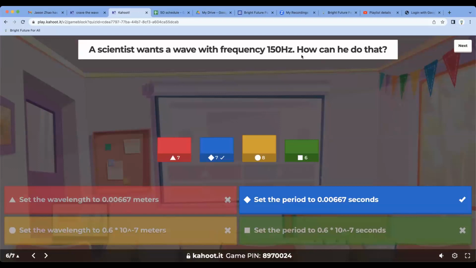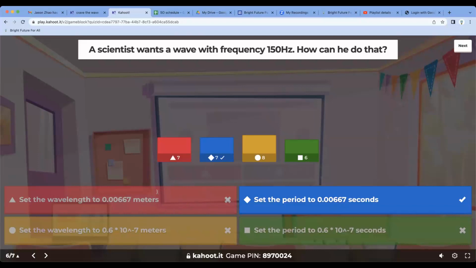Remember in a previous Kahoot question, we talked about the relationship between frequency and period. Frequency is 1 over period, so period therefore is also 1 over frequency. So if you do 1 over 150, you get 0.00667 seconds.